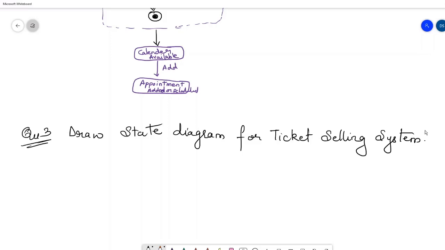It can be a movie ticket selling system, a zoo ticket selling system, anywhere, just ticket selling. What exactly happens in that system? Just draw basic states which would define the transitions taking place in this particular system. Just try and let me know if you are able to draw this or not.